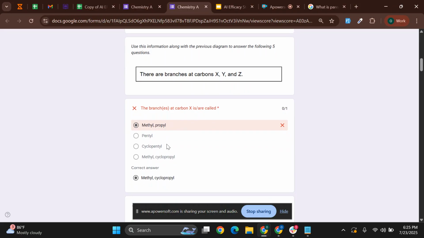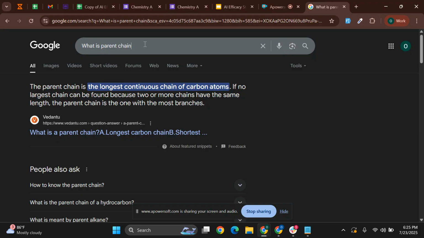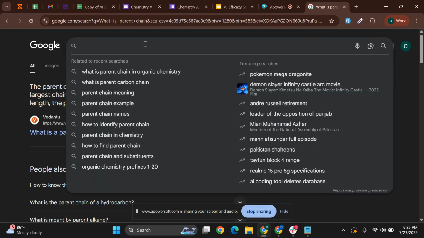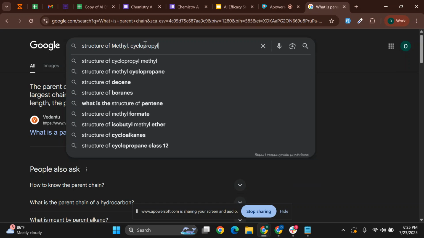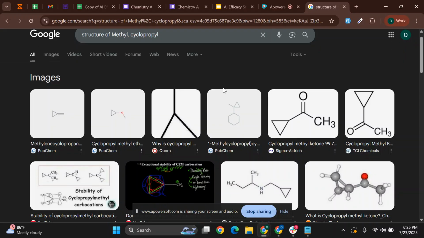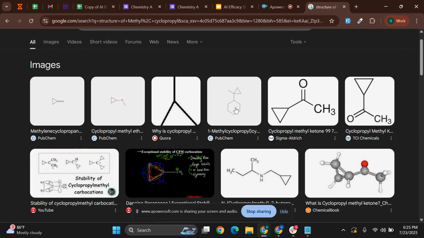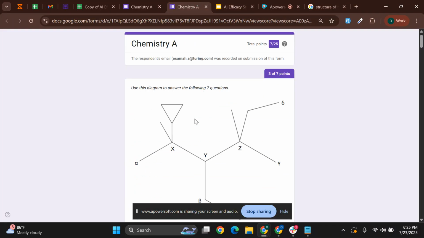Now, what is called the structure of methyl? Let's do some research on this structure. Okay, this is the structure of methyl chlorophyll. So let's get into it.